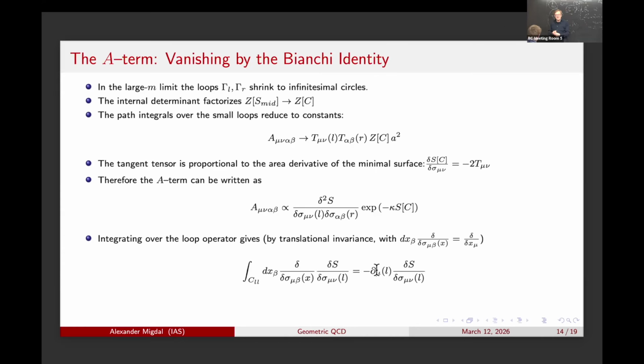I have a question. I'm maybe a little confused about something. From your graphical description of the A term and the B term, the A term looks like the area derivative was hitting the exponential both times, bringing down S with one derivative and another S. That's what it looked like visually.